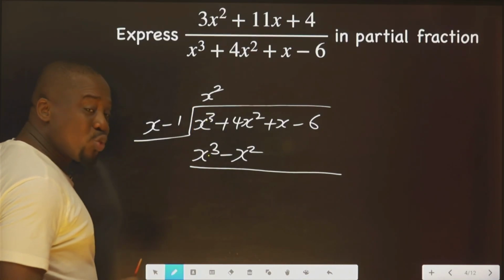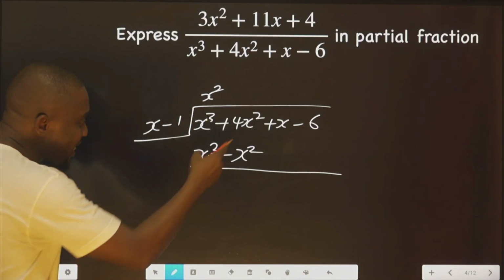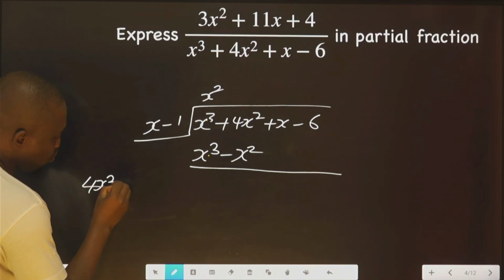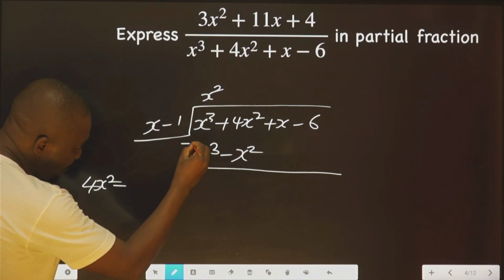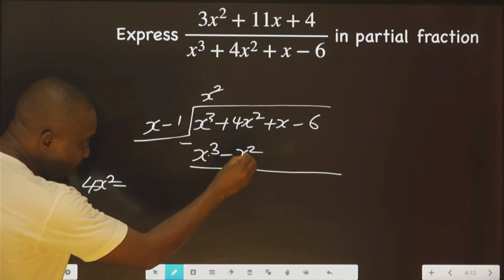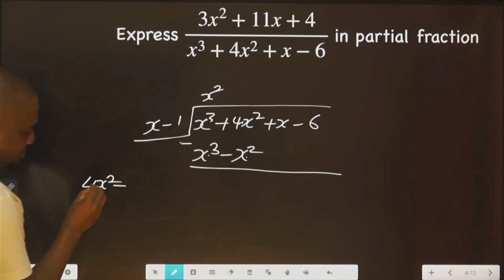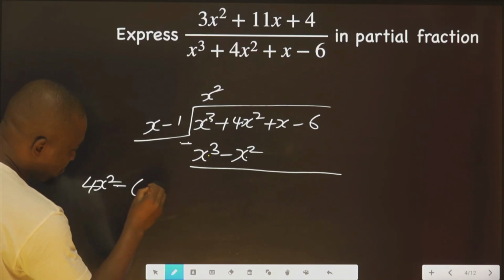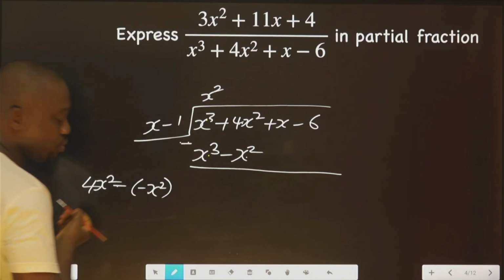This and this will produce 0. We also have 4s squared, minus, remember there's a minus here, this minus this is 0. Then this minus this gives minus s squared.